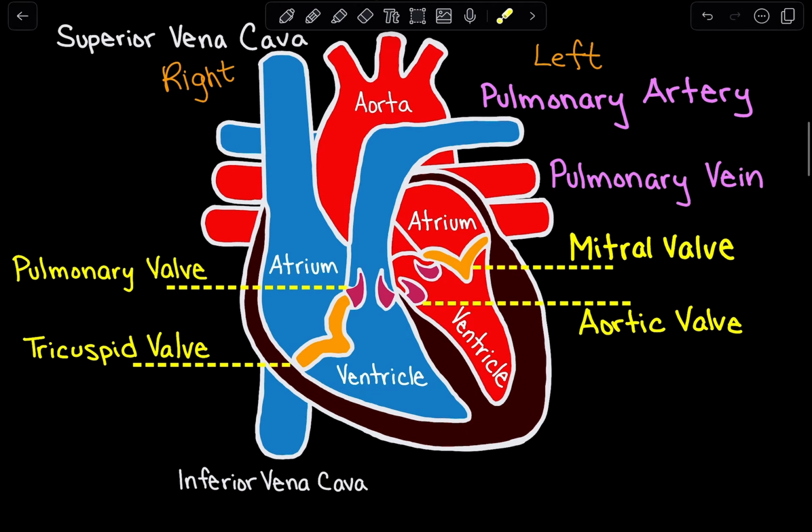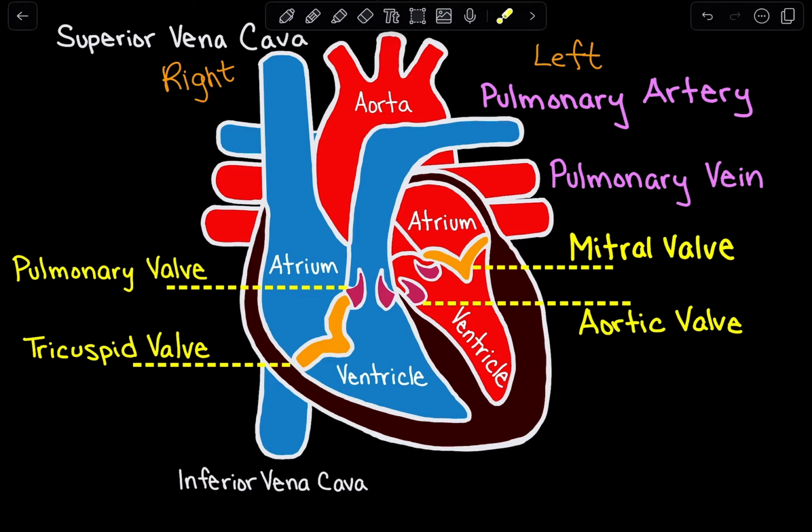Whether it enters through the inferior or superior vena cava, it ends up in your right atrium. This deoxygenated blood's whole purpose for coming into the heart is to get reoxygenated, and in order to get reoxygenated, it needs to go to the lungs. So the first step is getting this deoxygenated blood to the lungs.